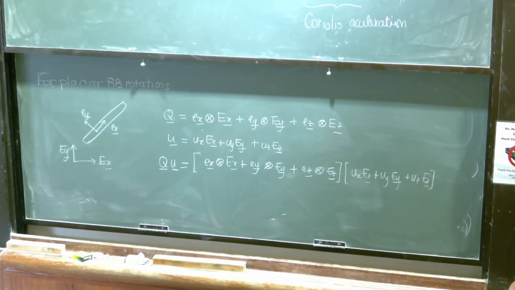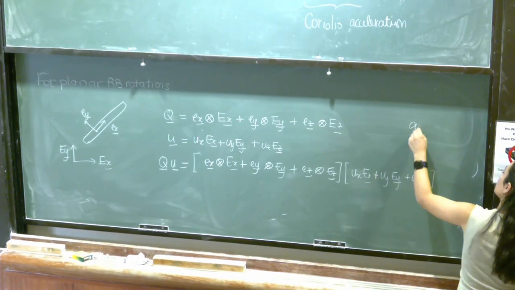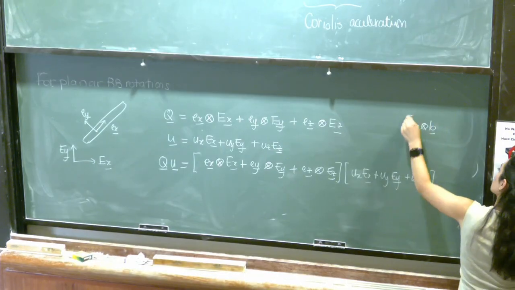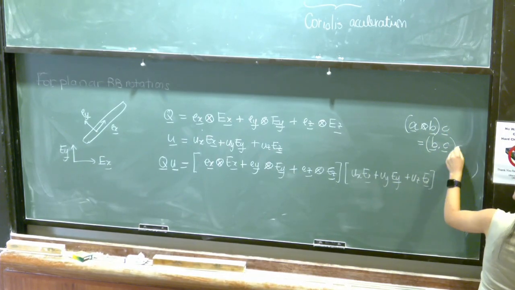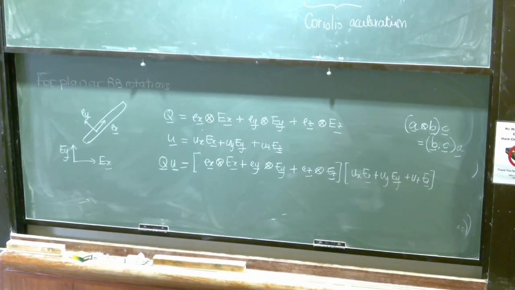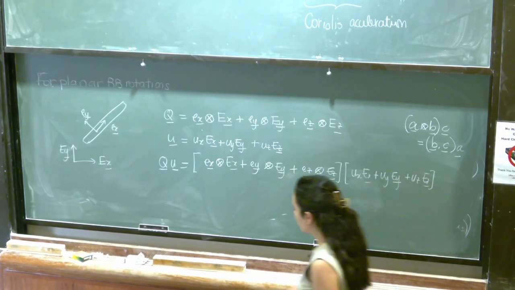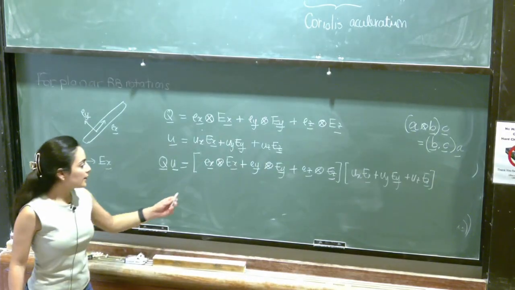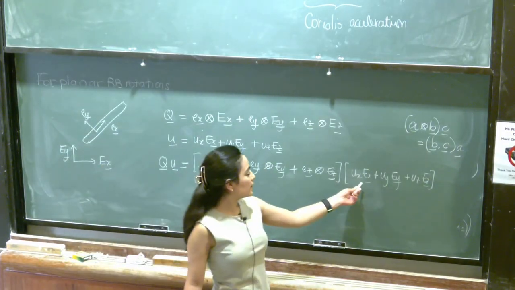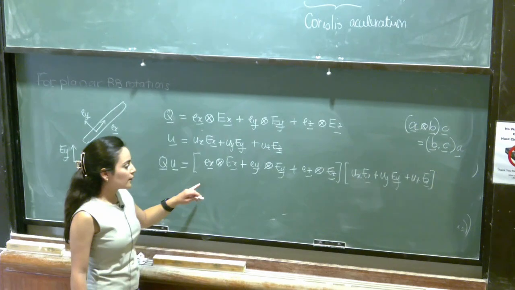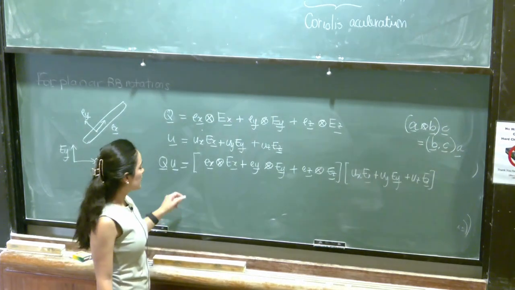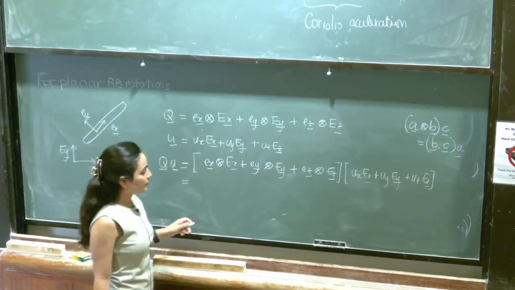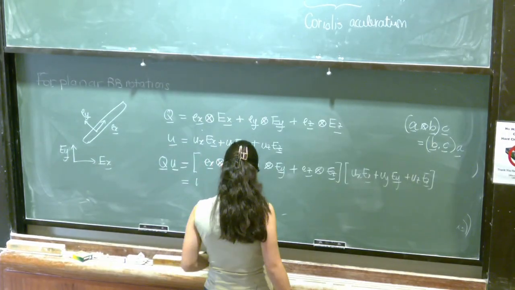And I remember the definition of the dyadic product, A dyad B applied to C is B dot C along A. So then here, what do I do? I'll take this term, multiply it by this term. I'll get, will I get 0 or non-zero term? Non-zero. What is it going to be? Ux, small ex, right?